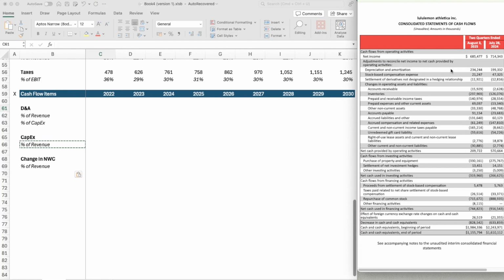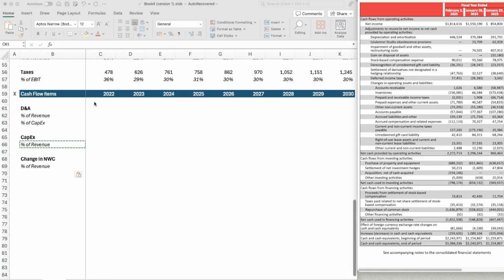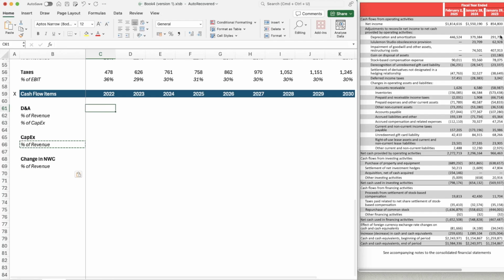So depreciation and amortization, that one's clear. Purchase of property and equipment is the capital expenditures. Then the change in net working capital, this is really annoying. It's all of these, and we just do the sum of all of these and then put it in. So let's, where's it gone? Okay, the first one, for 2022, it's 291.791.